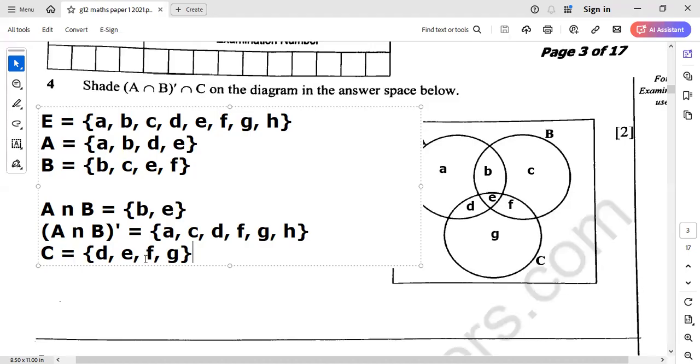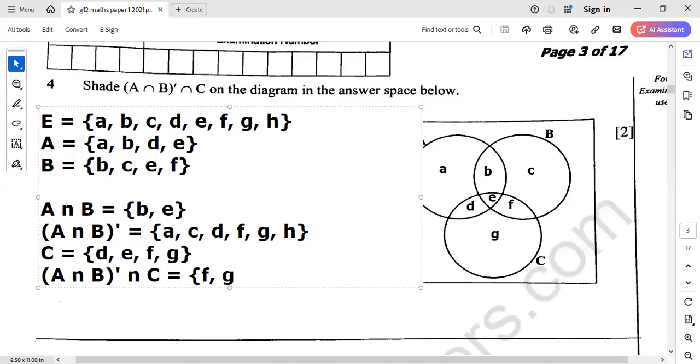There's f and g. So f and g is what is common. So we are shading the region where there's g and f, the intersection of the complement with C. So this is equal to f, g. This is what we have.